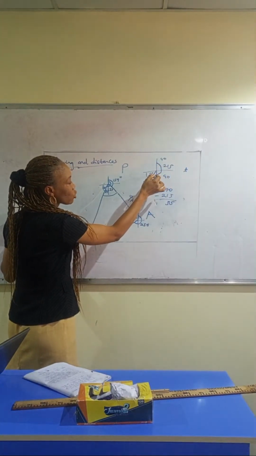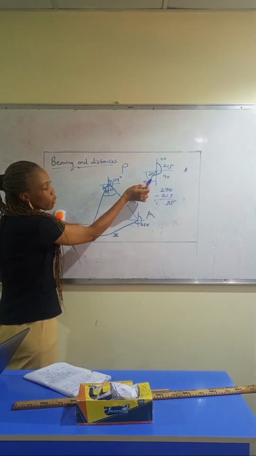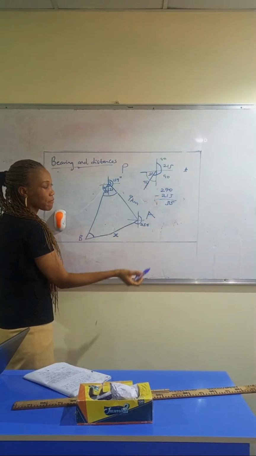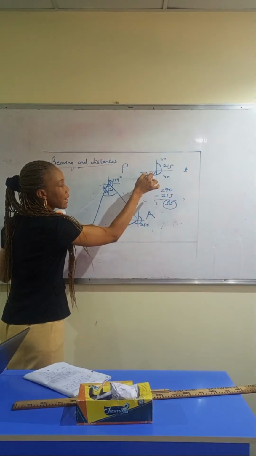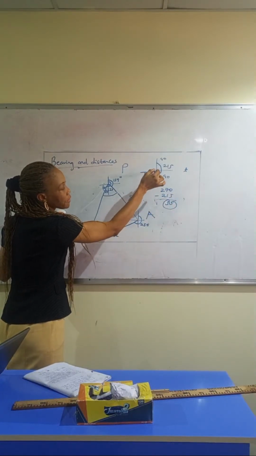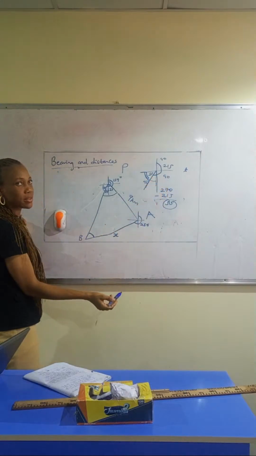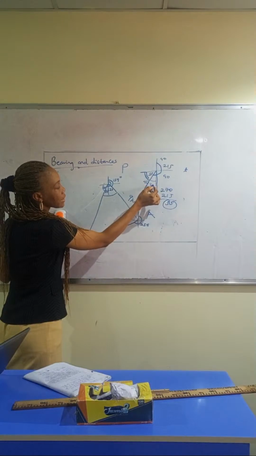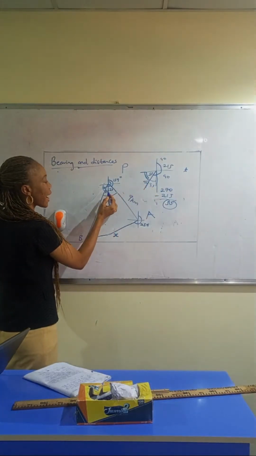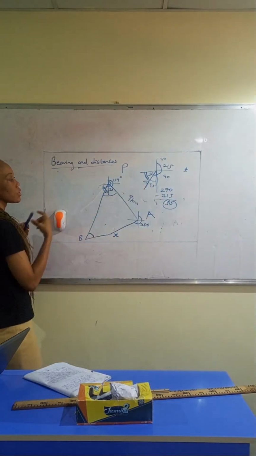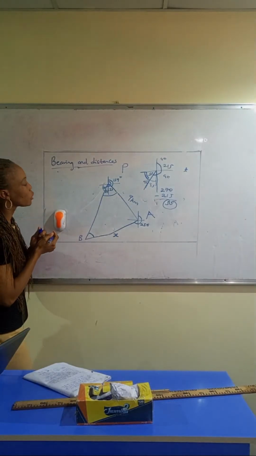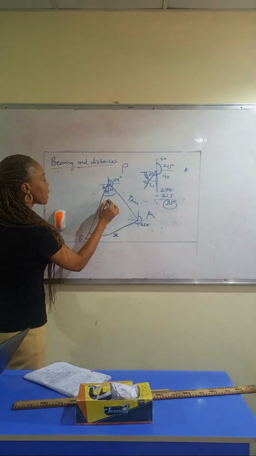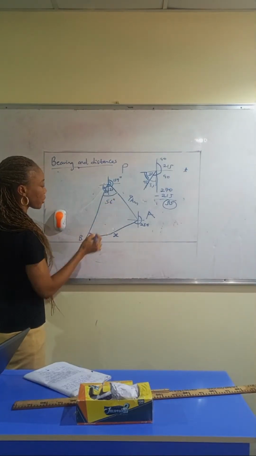Then here gave us 215. For us to move from 215 to 270, we have 270 minus 215. We need 55. So here is 55. Then I traced down this. 90 minus 55 will give us 35. So we have gotten here as 35 and the other one as 21, which if we add together, we'll have this place to be 56 degrees.